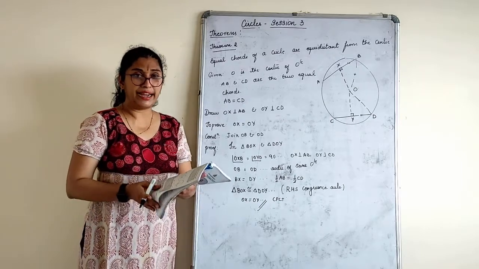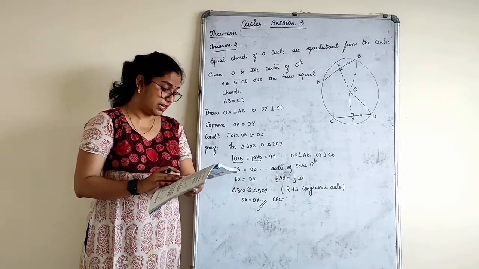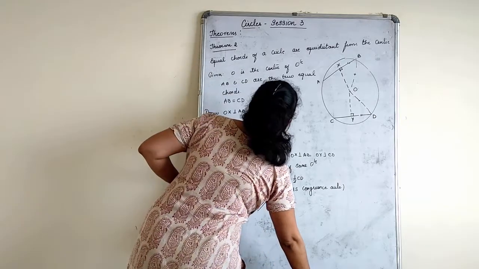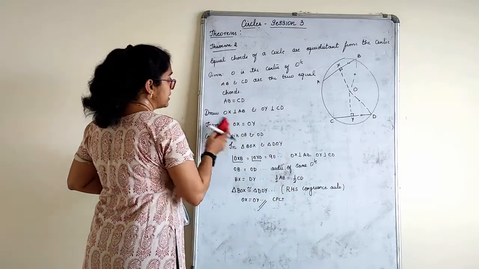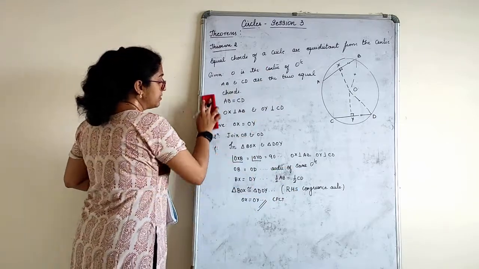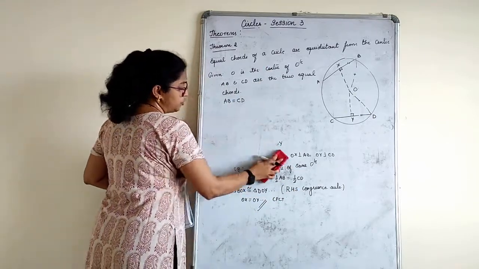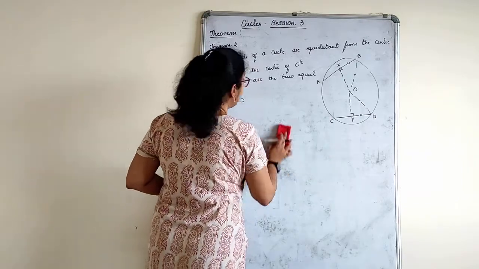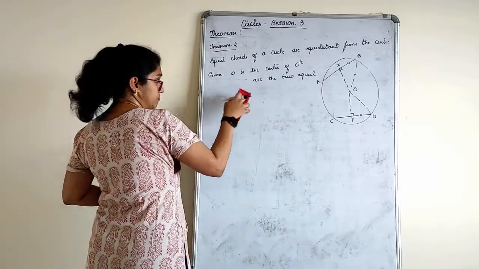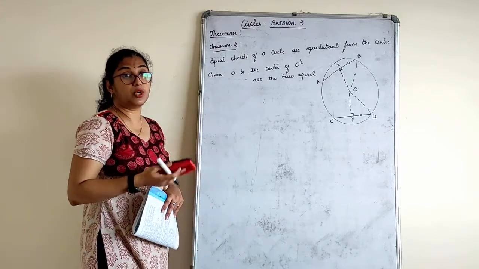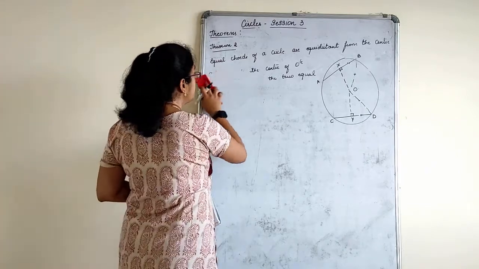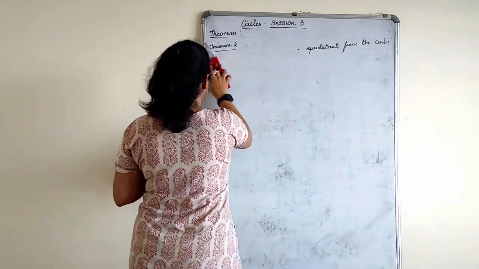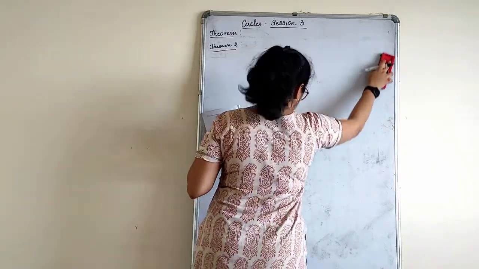We need not prove that, but usually it can be asked also. Is this very clear? Even if it is asked to prove, children, I think it should be very easy because all the chord properties we study in the circles chapter are based on congruency. So converse we will only state, but we will not prove it.